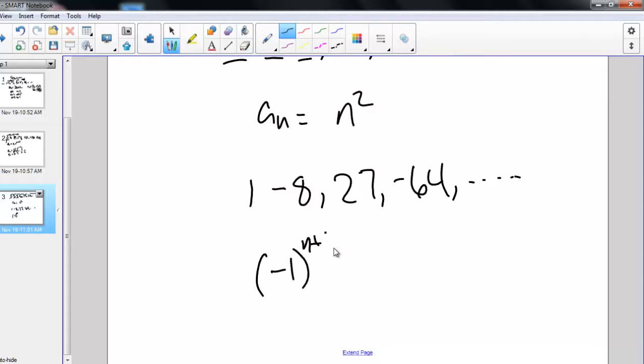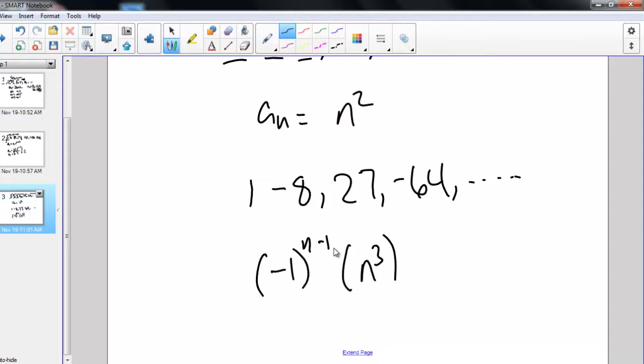Negative 1 to the n plus 1, or n minus 1. We could use the n minus 1 too if we wanted to. Would that do it?